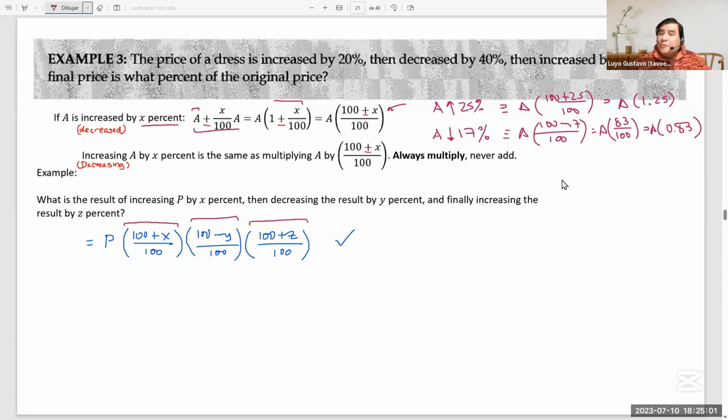These factors represent the 3 consecutive percent changes. So you can use this same strategy to solve this question. Will you try? Okay, let's see what you get.